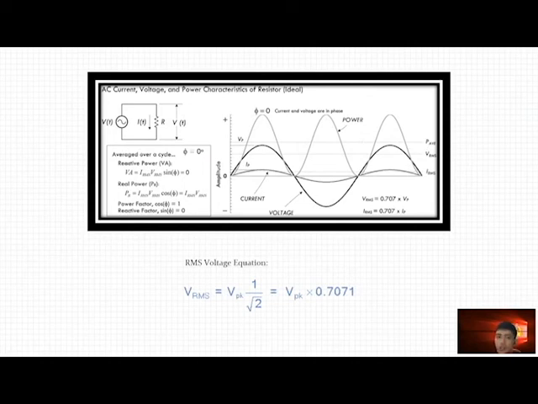RMS, constant voltage. As you can see on the screen in the formula, the root mean square value is found by squaring the instantaneous value of the AC voltage or current, then calculating the mean, and finally taking the square root of this, which gives the effective value for the AC voltage and current.